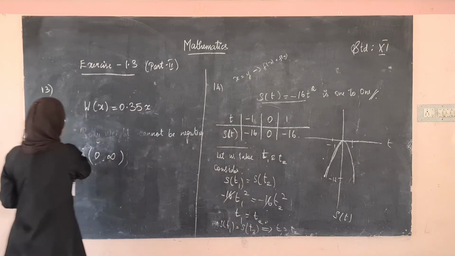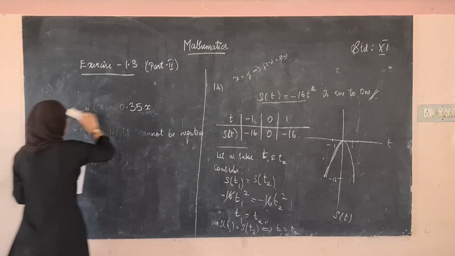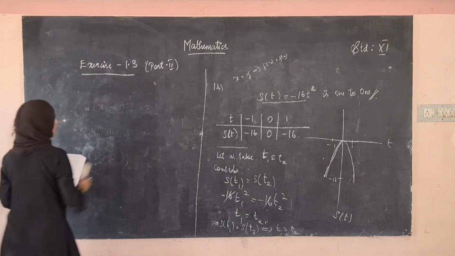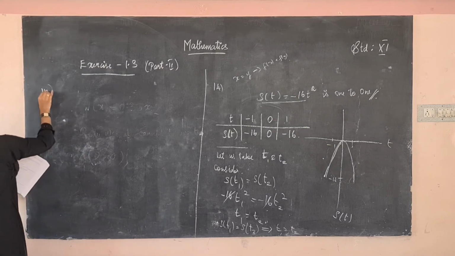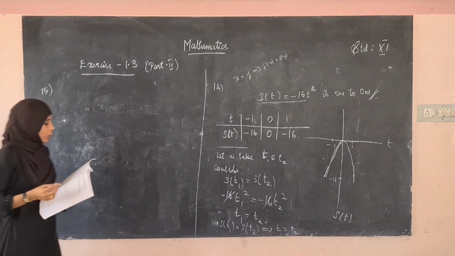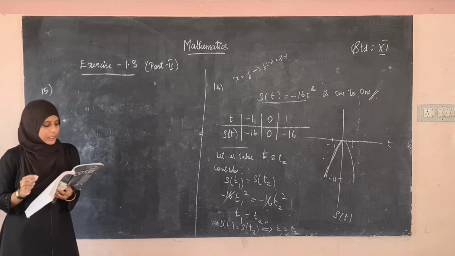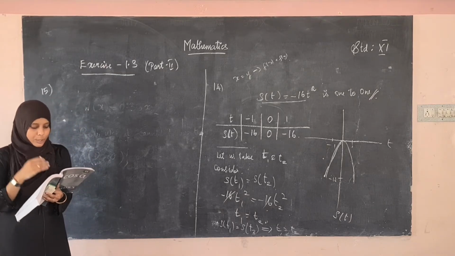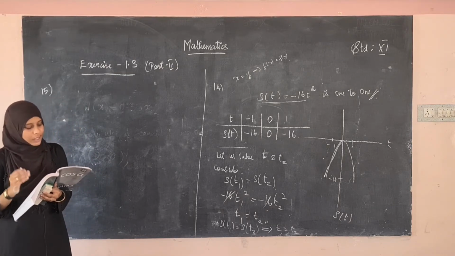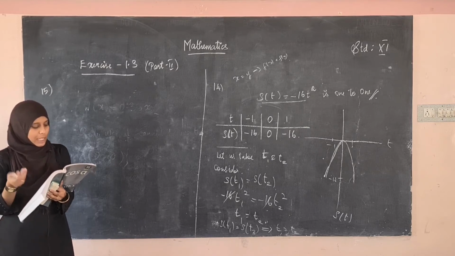Okay, now the 15th sum. The total cost of airfare on a given route is comprised of the base cost C and the fuel surcharge S in rupees.